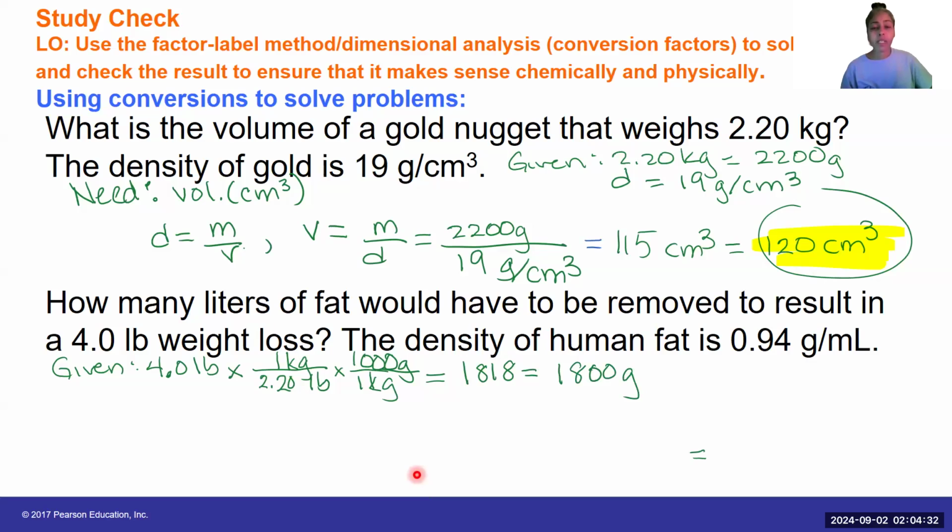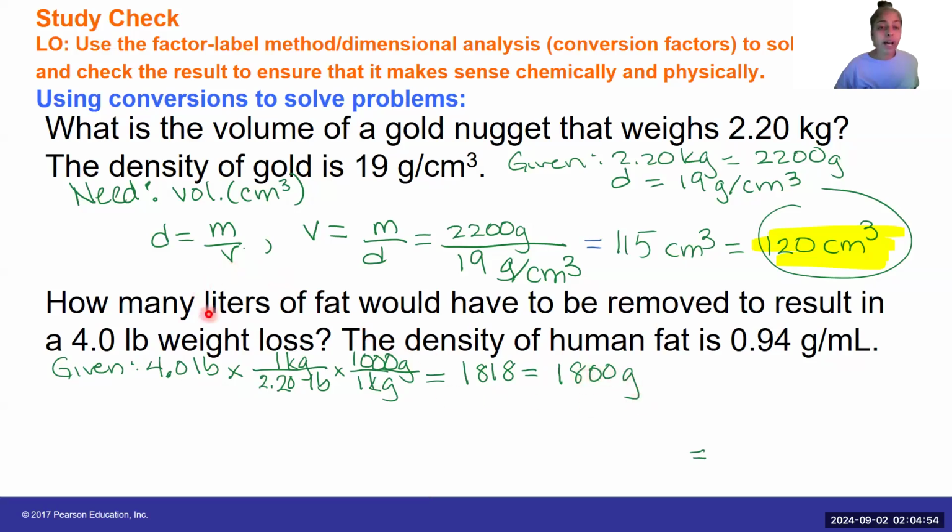Now, we're going to round off to 2 significant figures here because we started with 4 pounds of weight loss. Now, this is just the mass. All we've done here is converted our pounds, which is a weight, into grams.